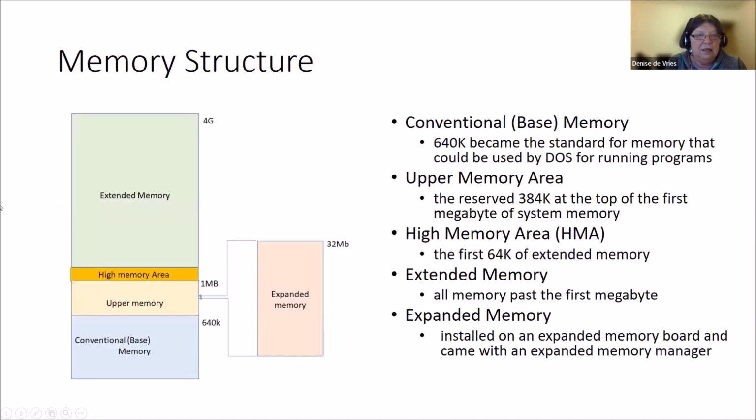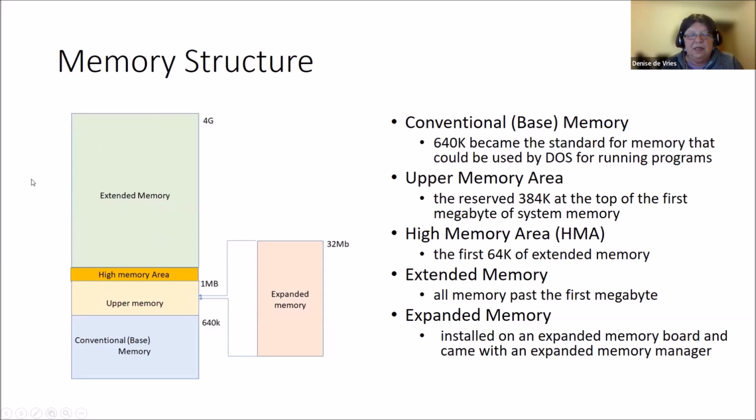So the structure of the memory, with this new memory handling, was the 1 megabyte, which was made up of conventional base memory and then upper memory. And then you could add more memory. So we got another area that was called a high memory area and then extended memory area.